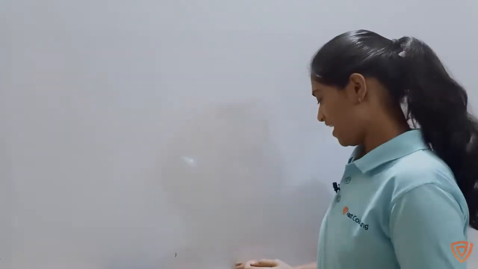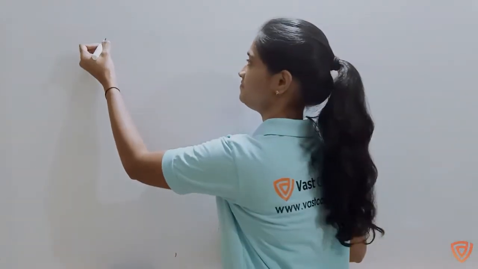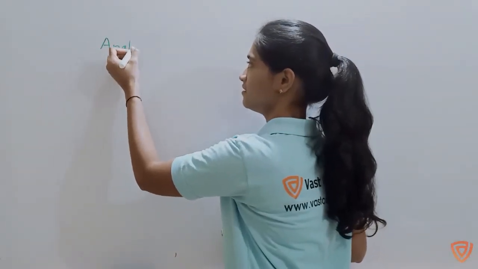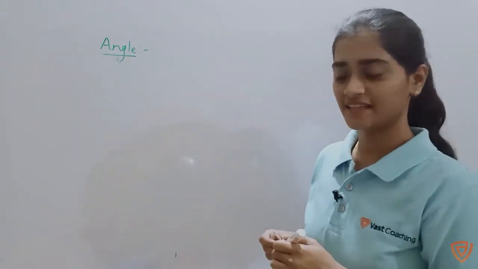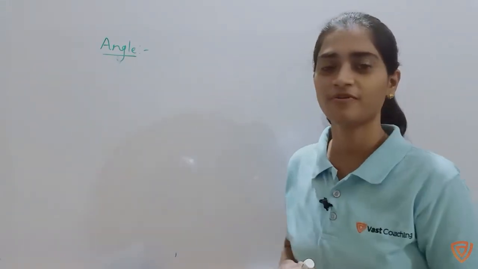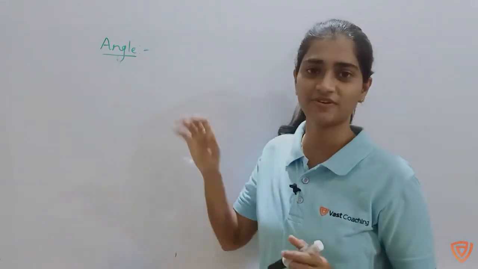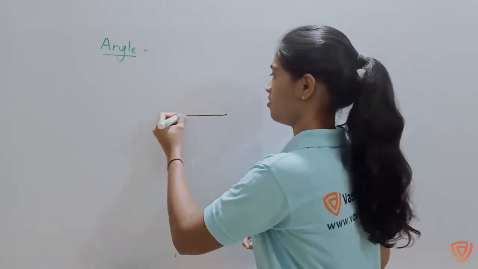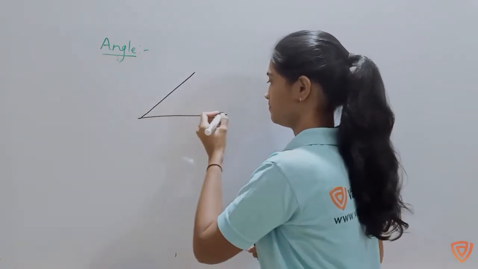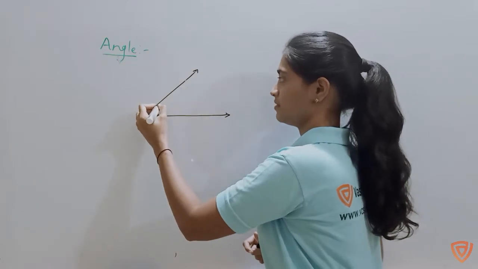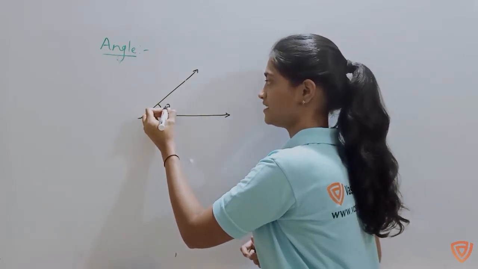So let's get started. First of all, what's an angle? Angle is nothing but a measure of rotation from the initial side to the terminal side, right? If I draw an angle, this is my angle theta.